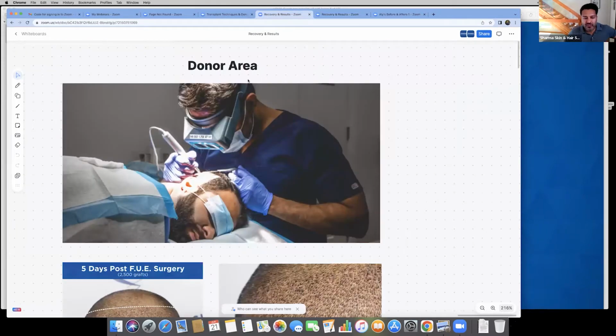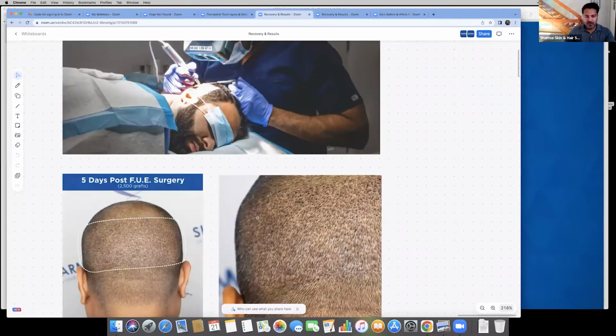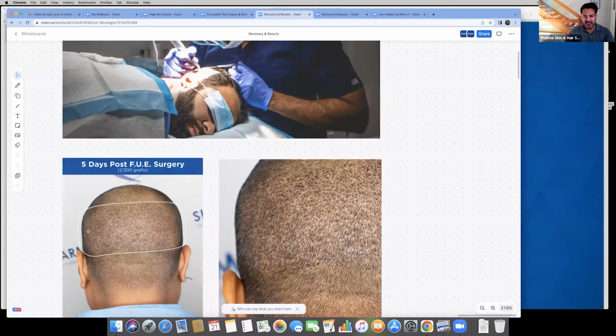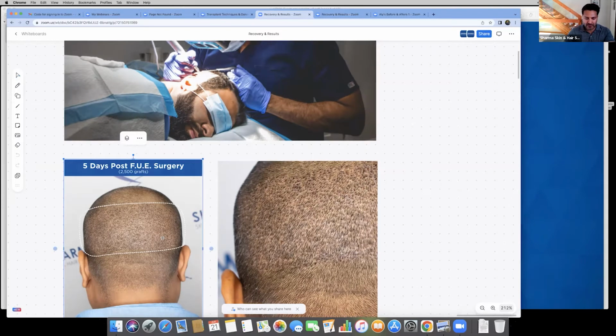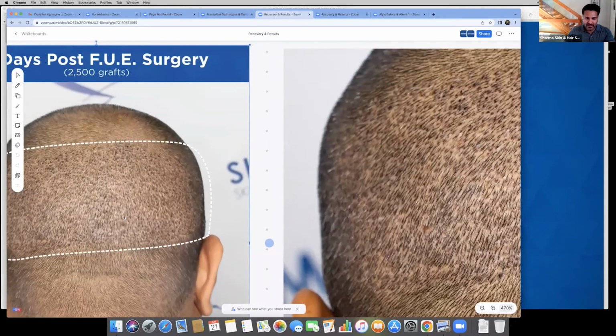And now let's talk about the donor area. So this is actually our special guest who's been very kind to participate in this education. This is a picture of the FUE technique 5 days post-surgery. So as you can see, everything has been shaved down. And these little white dots that you see here, let me just zoom in a little bit, are where we've actually taken the individual follicles.